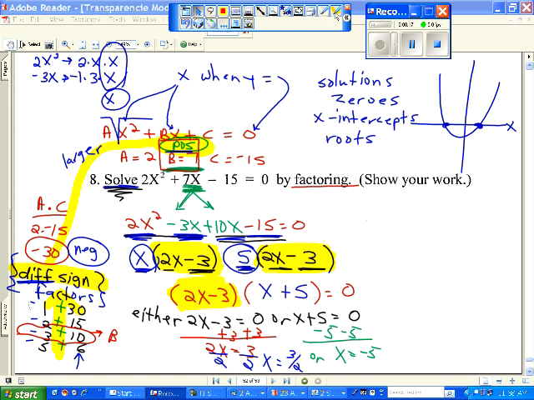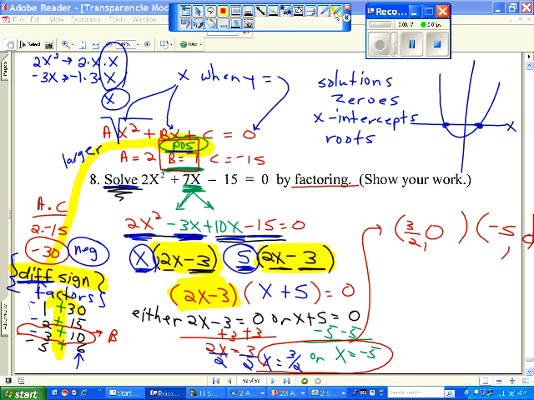How else could we have written those answers besides the way we did? We could have written them as ordered pairs, right? They are the zeros of the quadratic, meaning what? The values of x that make y equal to 0.